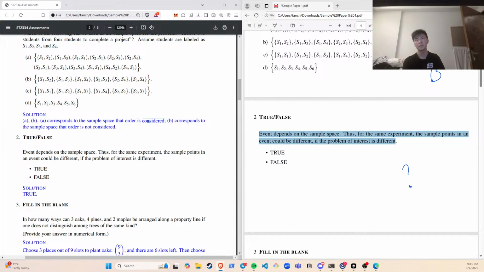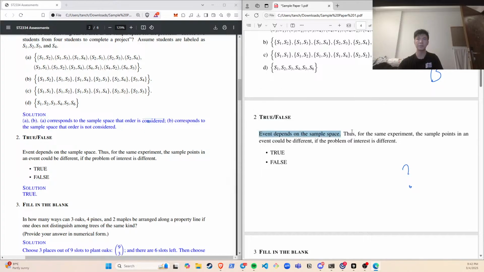Sample points in an event could be different, like the problem of interest. Okay, I see, yes. So what ChatGPT told me is that, my understanding is that events depend on sample space.